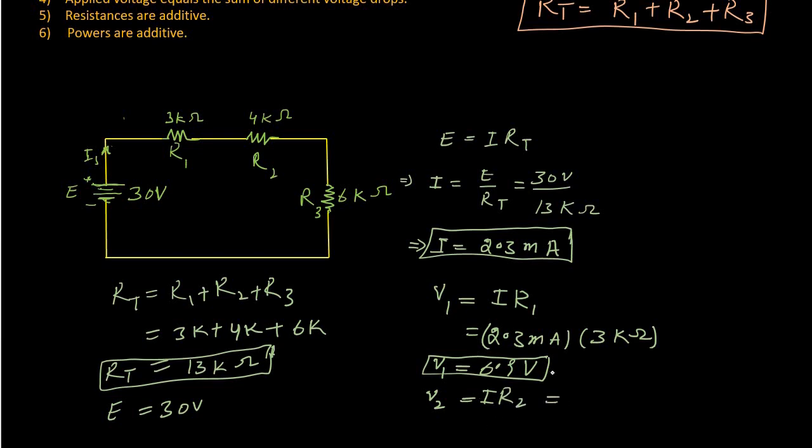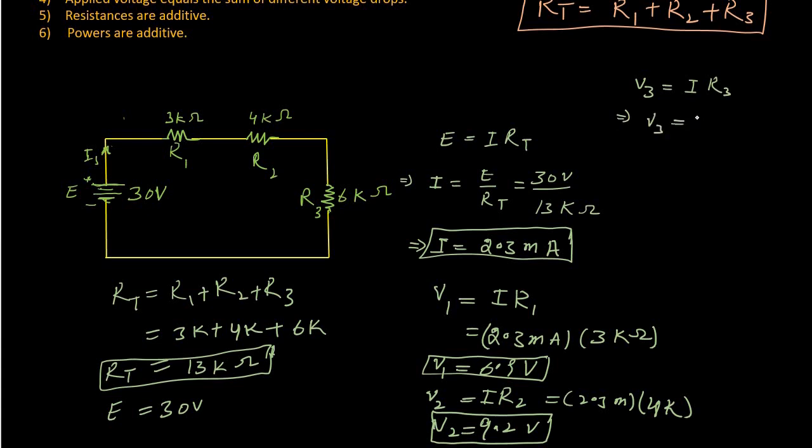I is 2.3 milliamperes, while R2 is 4 kilo ohms. So V2 is 9.2 volts. Now the voltage drop across the third resistor, let's say V3, is equal to I into R3. I is 2.3 milliamperes, while R3 is 6 kilo ohms. So the resulting voltage drop across the third resistor is 13.8 volts.